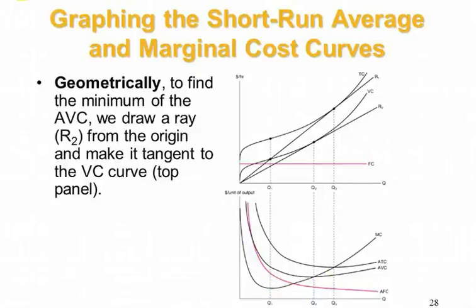So geometrically, to find the minimum, take a look at your average total cost and your average variable cost. A lot of people are very interested in when these curves bottom out. That tells you the rate of output that's going to minimize your costs on average.